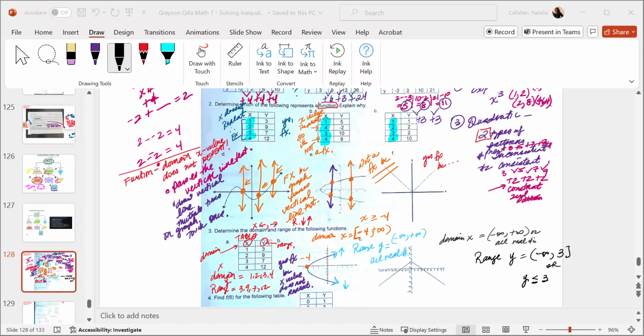For what? For the A, B, or C? The domain or the range? The domain, because how far does that graph go over to the left? I don't know. Is there an arrow? Is there no arrow? Is it a point? Okay, if there was an arrow, it would be that.